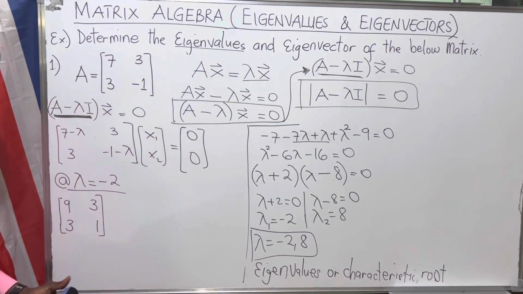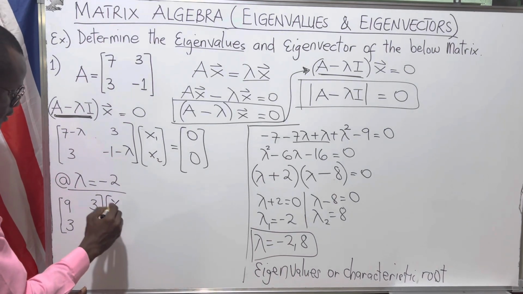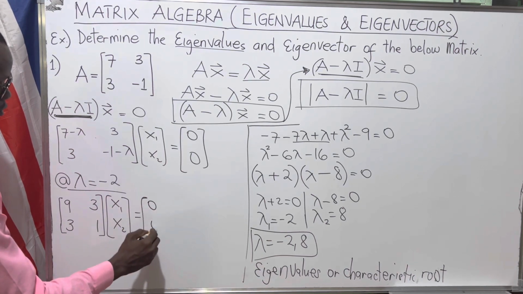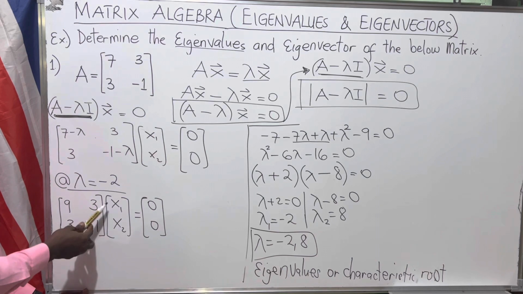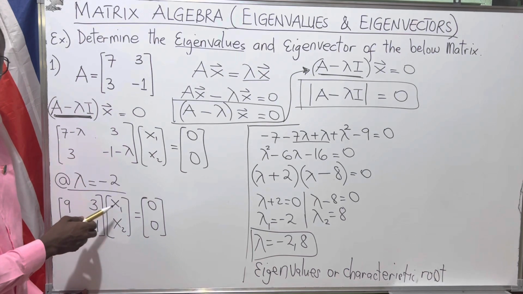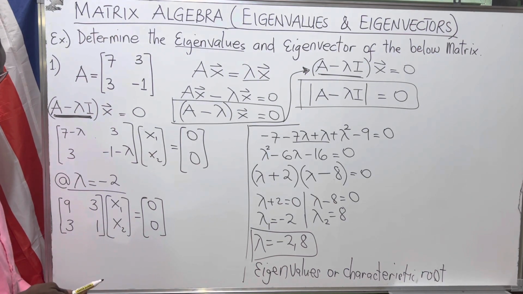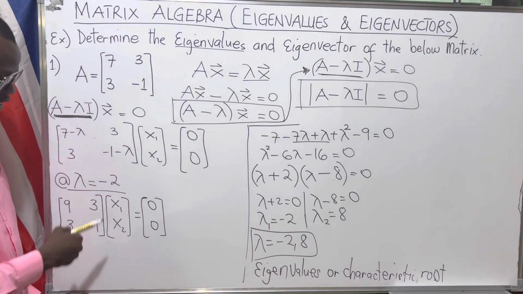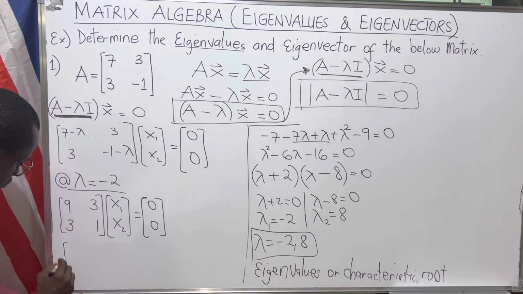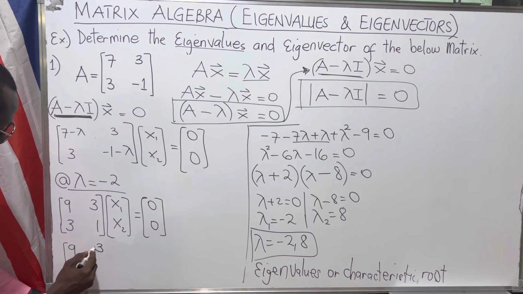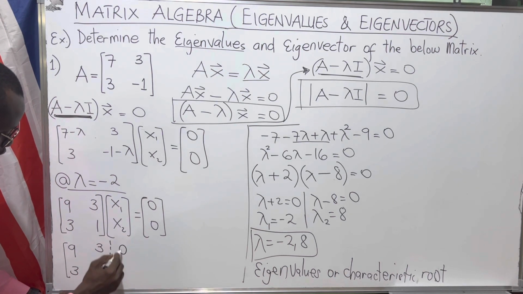So now we have x1, x2 equals 0. This just indicates that we are dealing with two variables, x1 and x2, and we need to solve for them. So we can write an augmented matrix for this: 9, 3, 3, 1, then 0, 0.